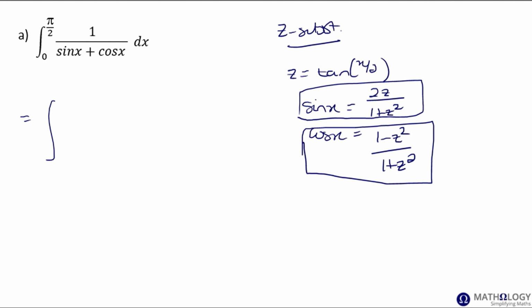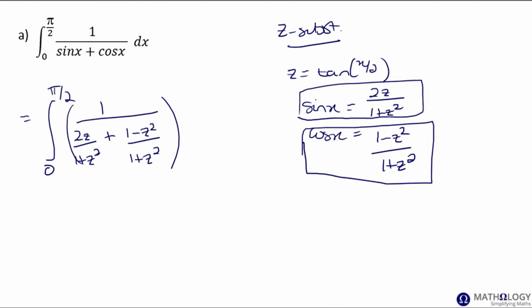Okay, so this integral equals 0 to pi over 2 of 1 over sin x, which is 2z over 1 plus z squared, plus cos x, which is 1 minus z squared over 1 plus z squared.